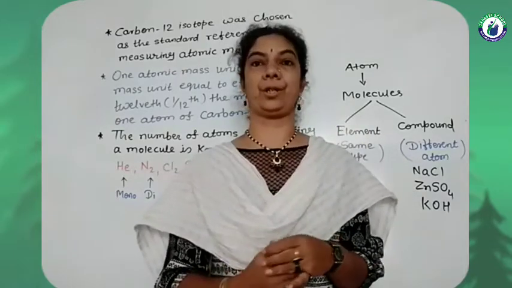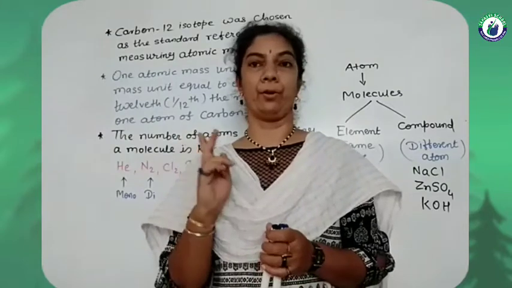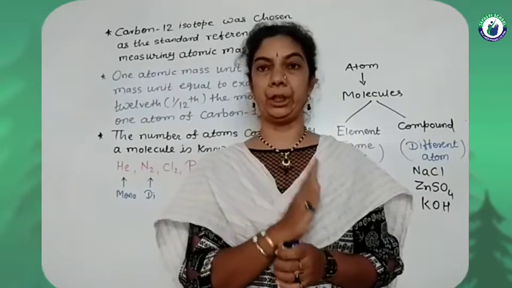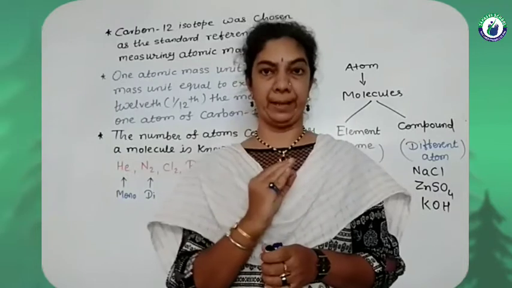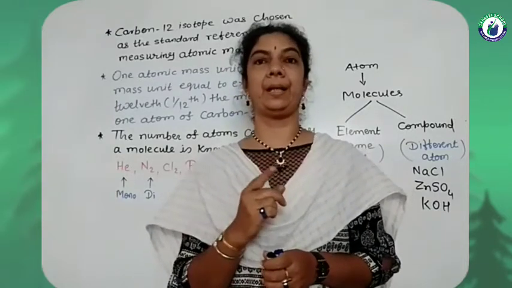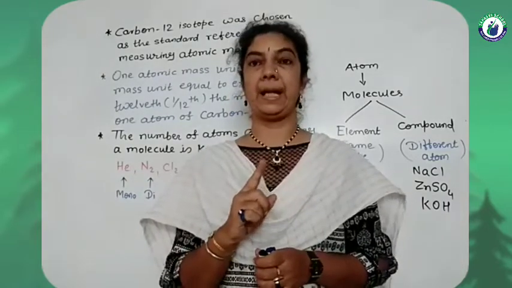In that situation, these atoms are converted into ions. So atoms are electrically neutral and are the smallest unit of an element, but when they get charged, they become ions.